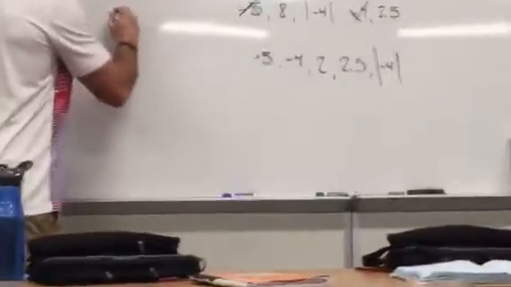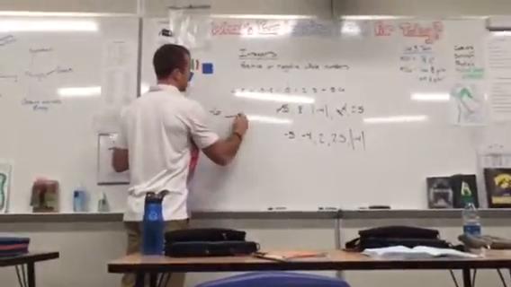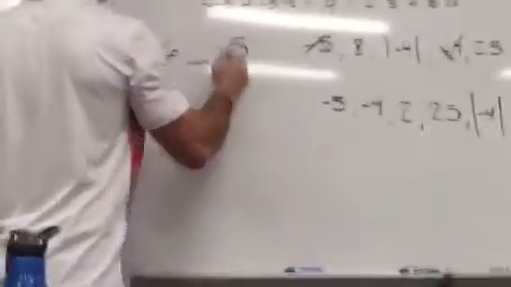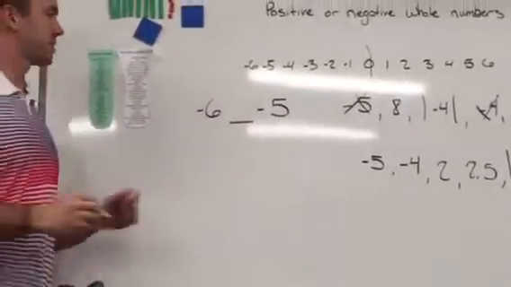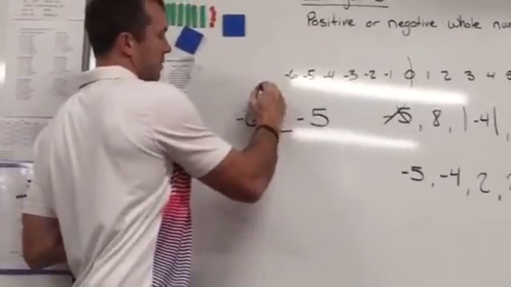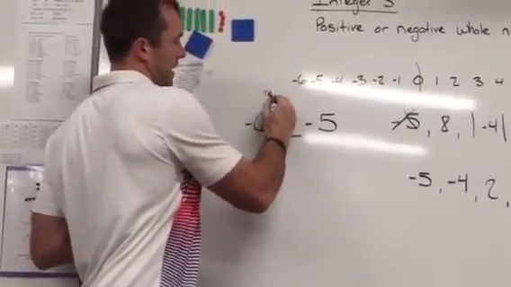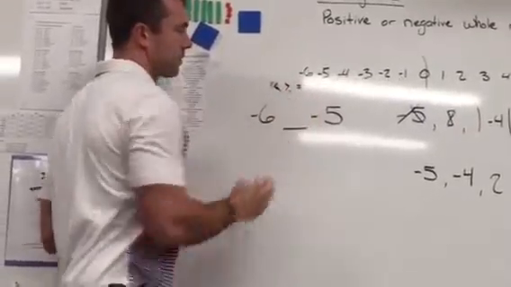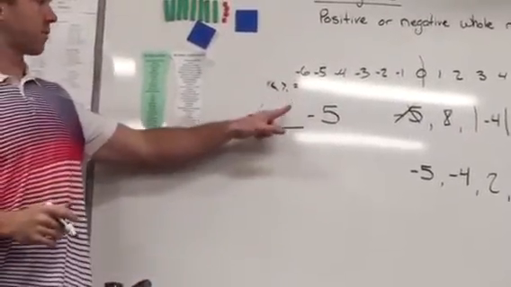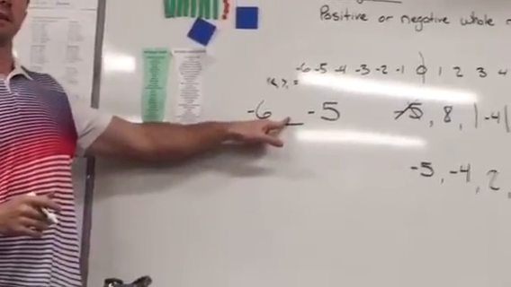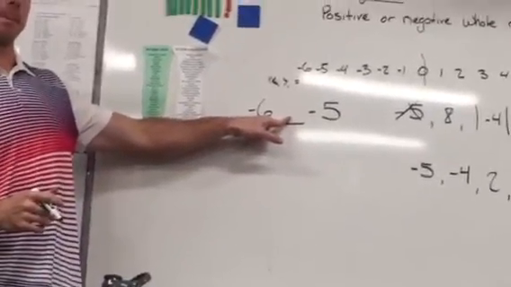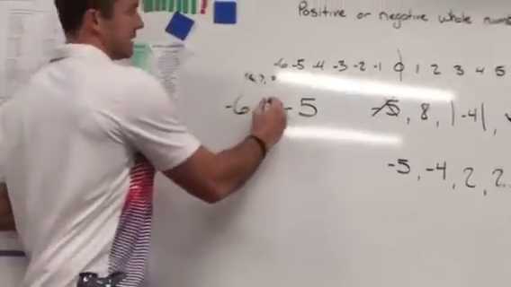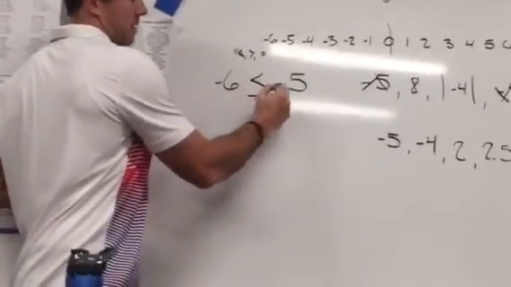If I told you to compare negative 6 and negative 5, I have this symbol here. Would it be less than, greater than, or equal to? Is negative 6 what? Less. Lacey? Negative 6 is less than negative 5.